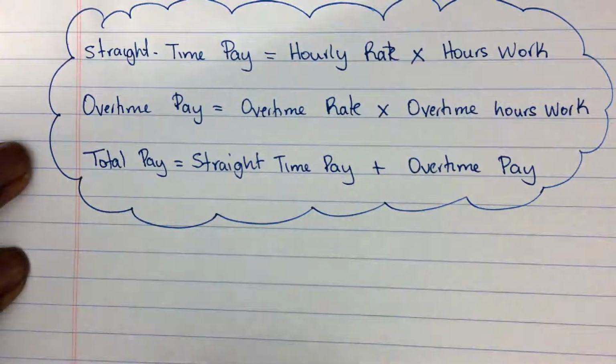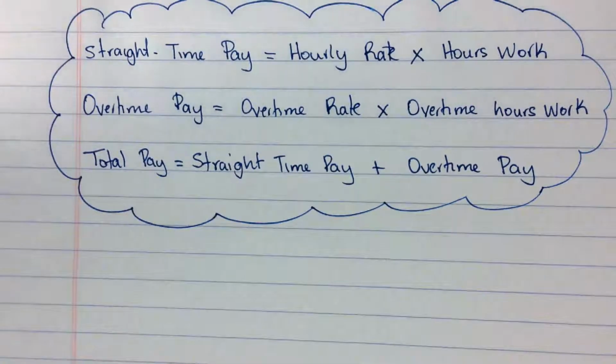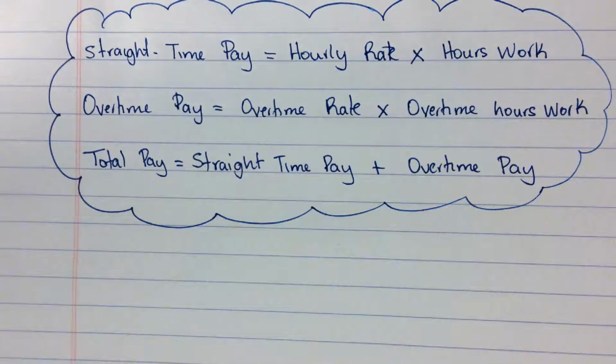Now if you go to our PowerPoint that's listed on Google Classroom, you will see that we're going to start off with an example. It says Ashley is a mail clerk, and she earns $8.40 per hour.